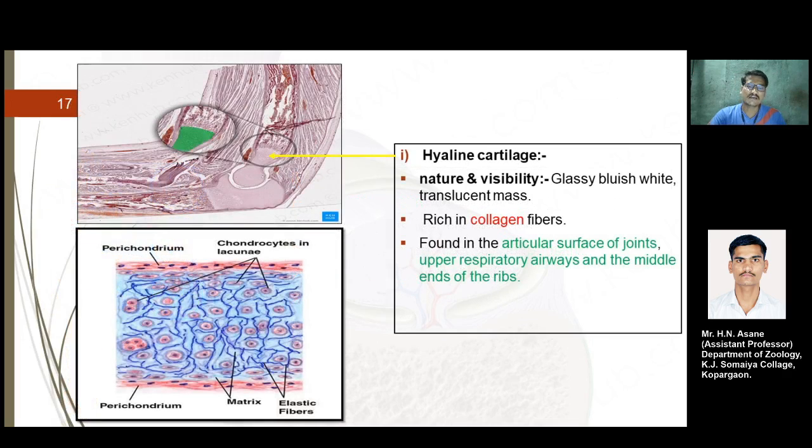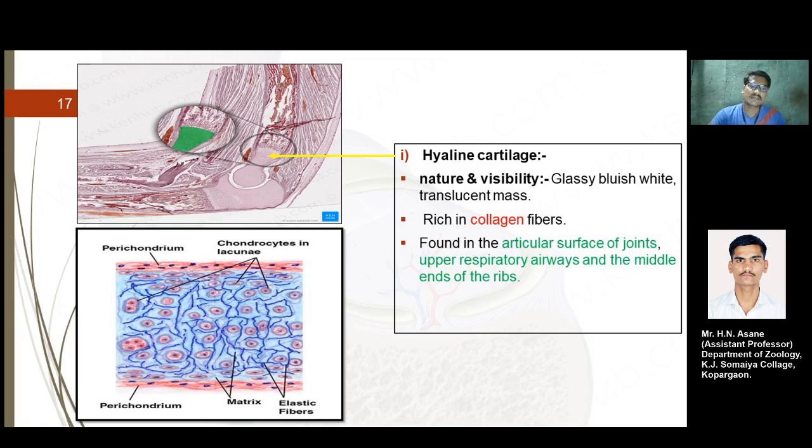First one, the hyaline cartilage. As you see in the first picture, the actual location of the hyaline cartilage is marked and zoomed out for your information, and the nature and visibility is seen in the below picture, that is the TS of the hyaline cartilage.